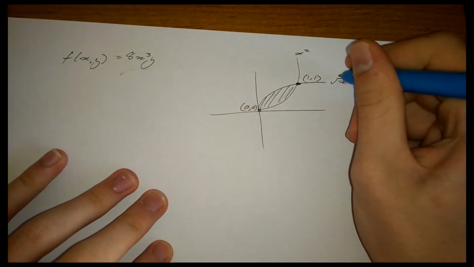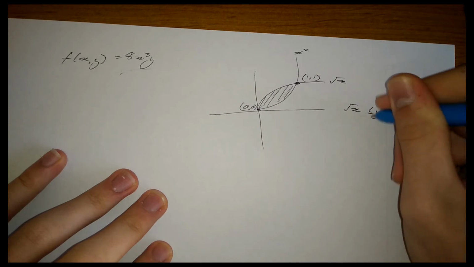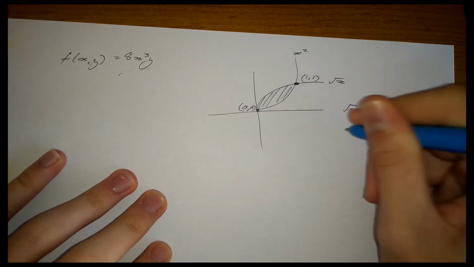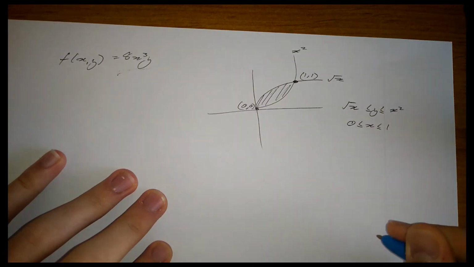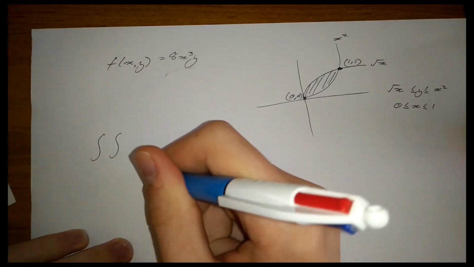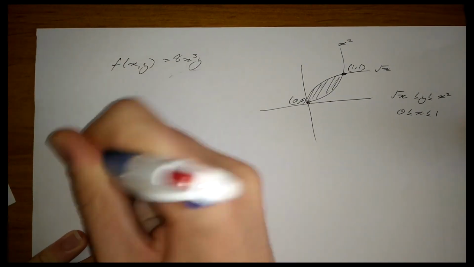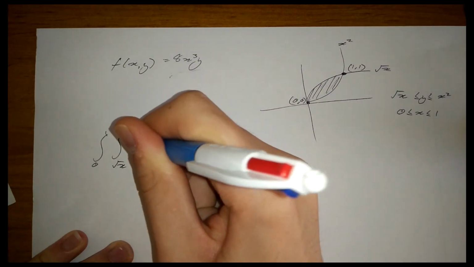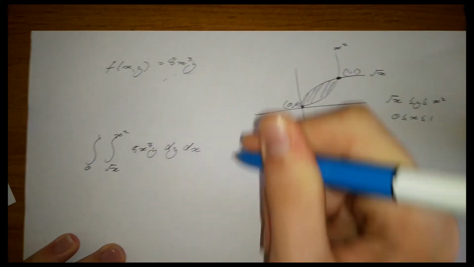So we're integrating from y equals root x to x squared, and then for our x bounds we're doing from x equals 0 to x equals 1. So if we set up our double integral, we have root x to x squared, 0 to 1 of 8x cubed y dy dx.